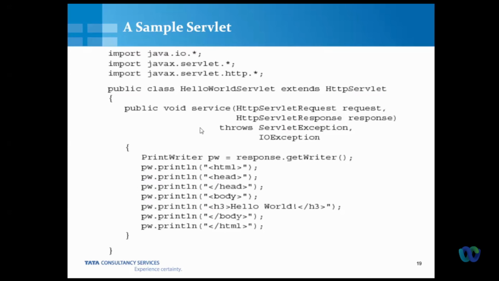Which method are we trying to write? The service method, right? So what is the use of the service method? To provide the response to the user. For that, we need to provide some response, right? So for that, response.getWriter. Now what is the use of this PrintWriter method?